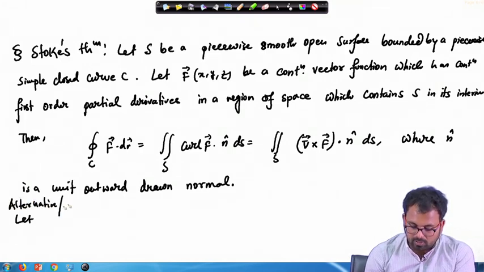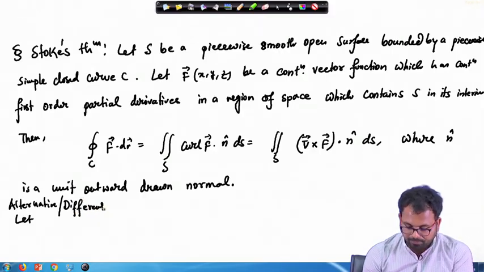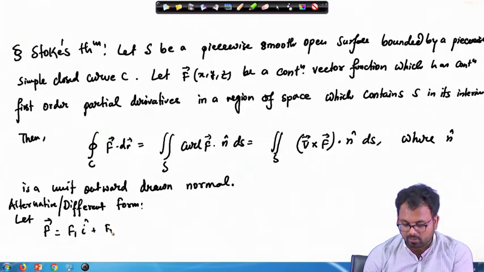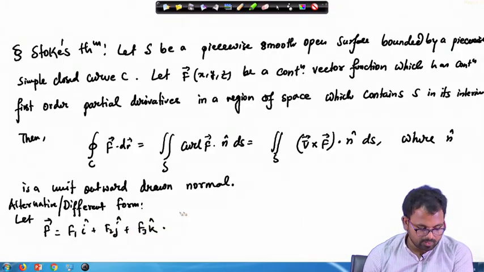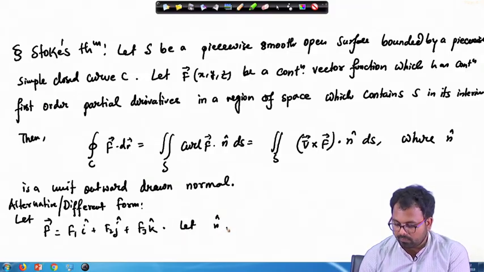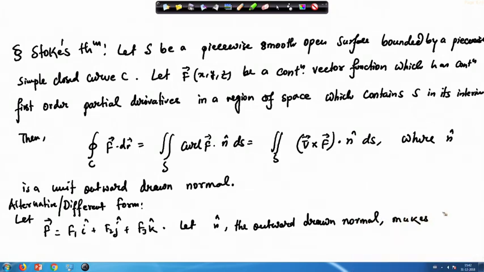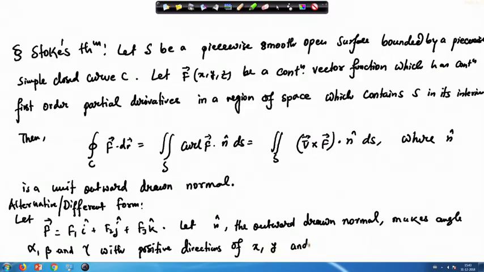So, let f be a given vector function which has 3 components, f1 i, f2 j and f3 k, and let n, the outward drawn normal, make angles alpha, beta and gamma with the positive directions of the x, y and z axes. Then we can write our normal n.